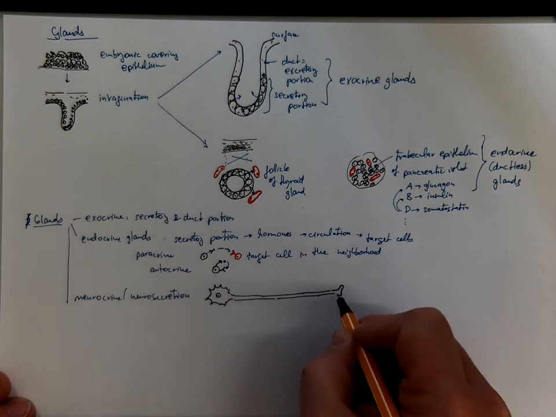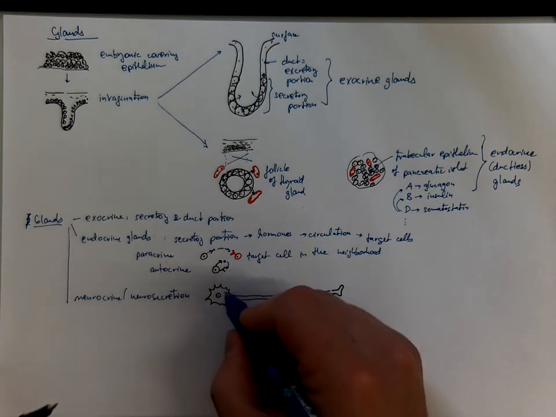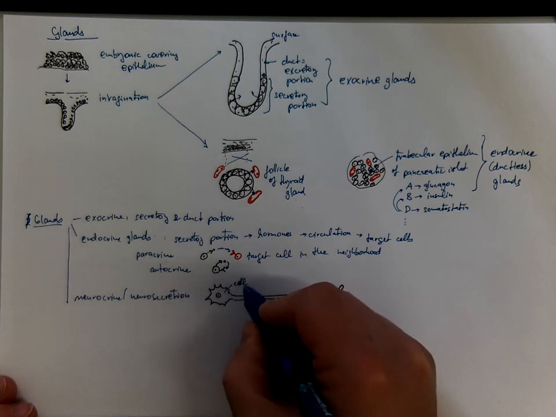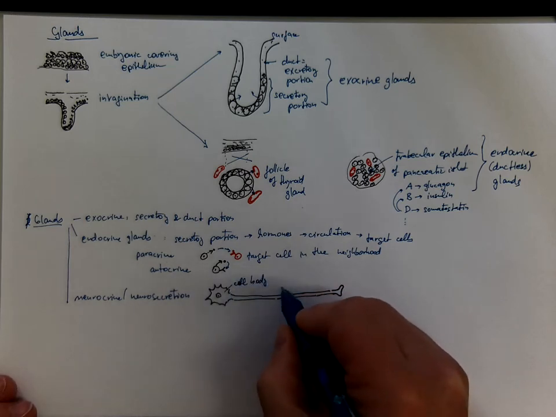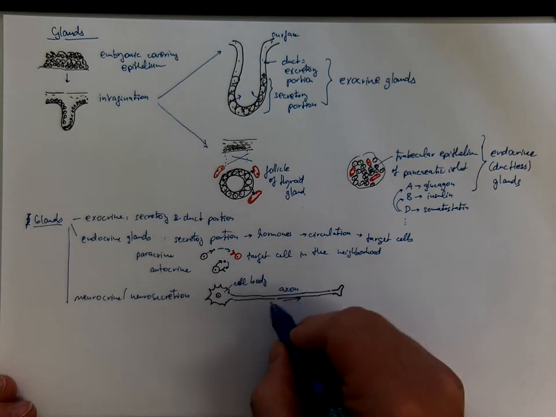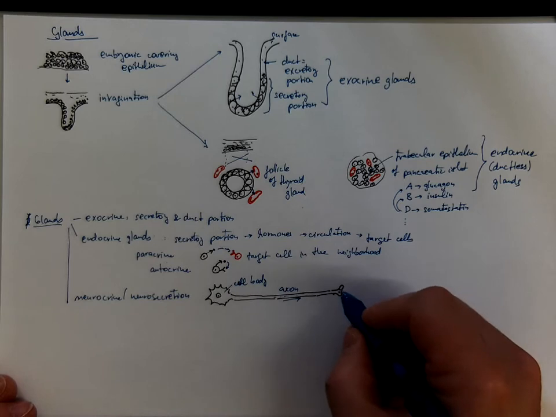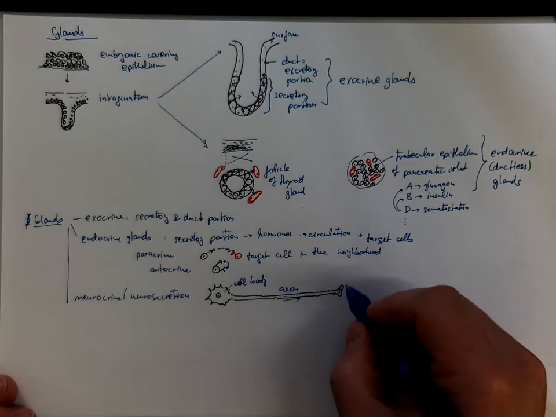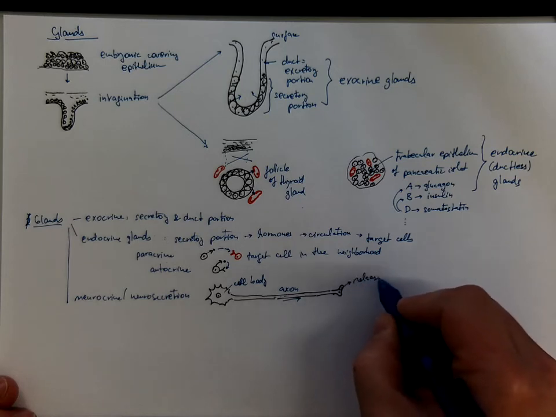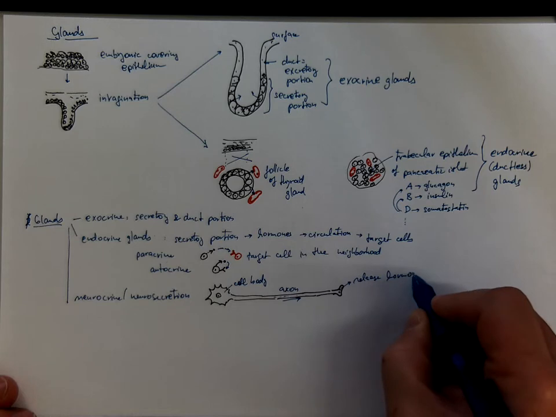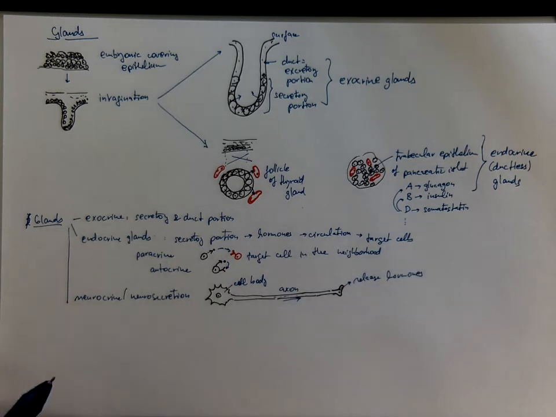An example would be some hormones of the hypothalamus. This would be the cell body. This would be the axon, through which molecules travel to the periphery, which is located in the posterior lobe, in the neurohypophysis, and these cells release hormones of neural origin.